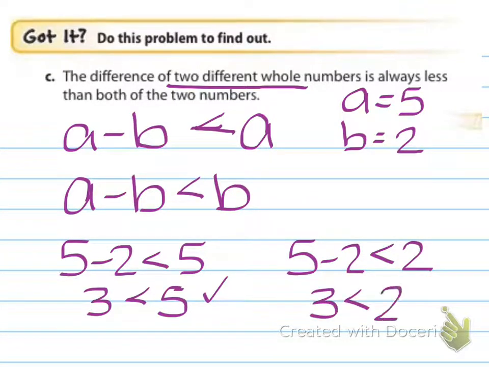Is 3 less than 2? No, that didn't work. So actually we find out that the difference of two different whole numbers is not always less than both of the two numbers. So in this case, the difference of those two numbers was greater than the original second number. Okay, so that's not always going to be the case.